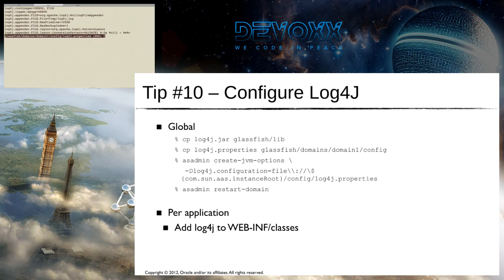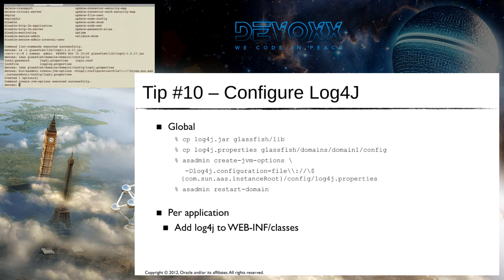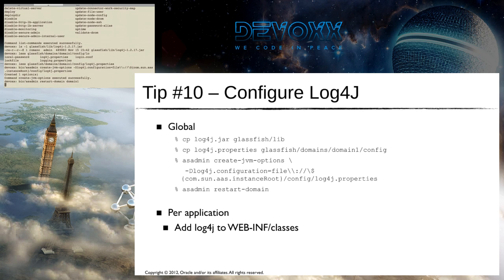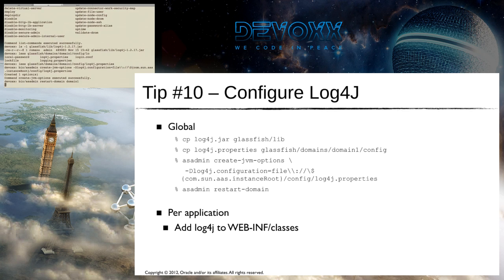It will just dump them into another log file. So I will need to create a JVM option, as shown on the screen. And whenever you set a JVM option, you need to restart the domain. Okay, so domain is starting.